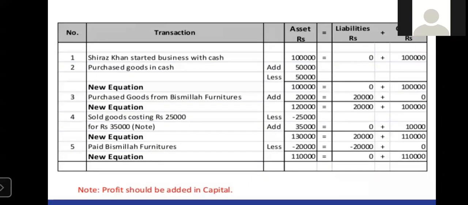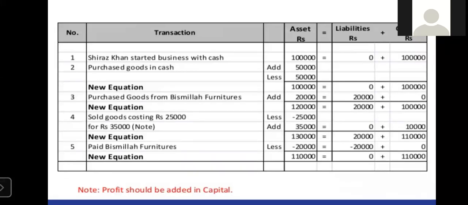New equation: sold goods costing rupees 25,000, so 1,20,000 minus 25,000, liability 20,000 plus capital 1 lakh. Sold for rupees 35,000. Add 35,000, liability 0 plus capital 10,000.